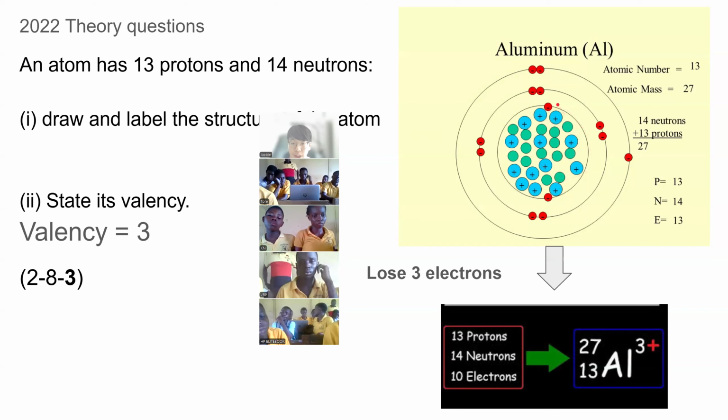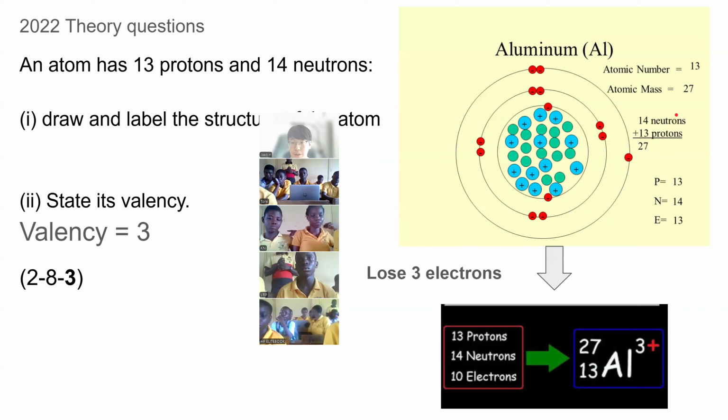And what you can do next is draw the electron shells with the number of electrons. Remember how the number of protons equals the number of electrons in its element form, not its ion form.